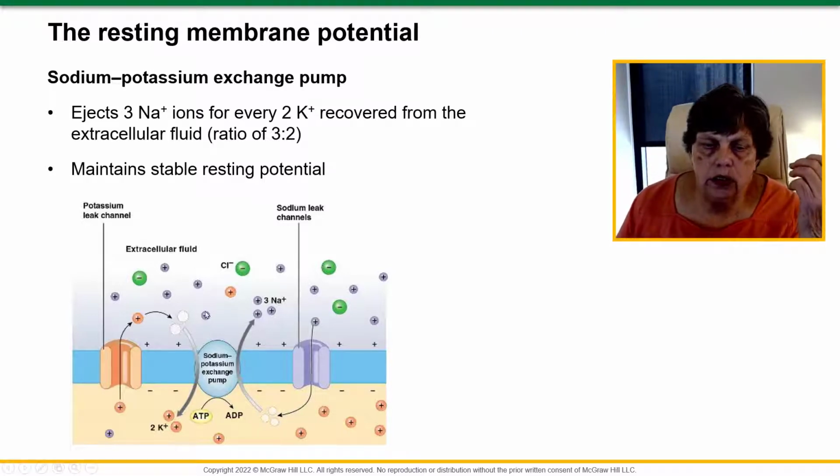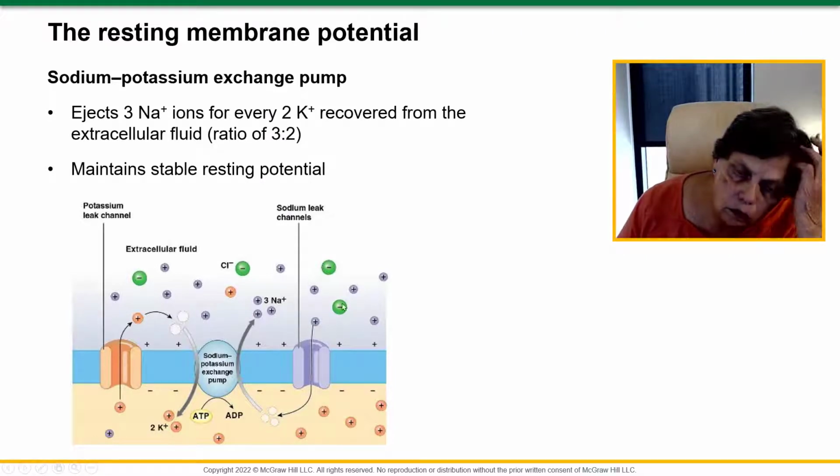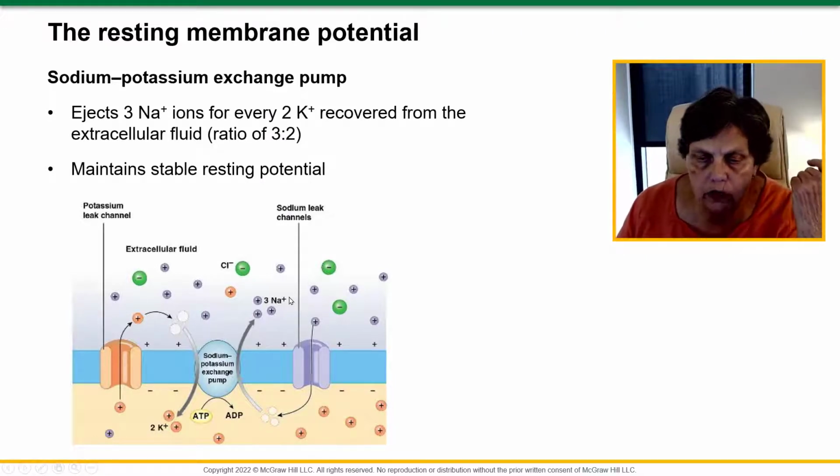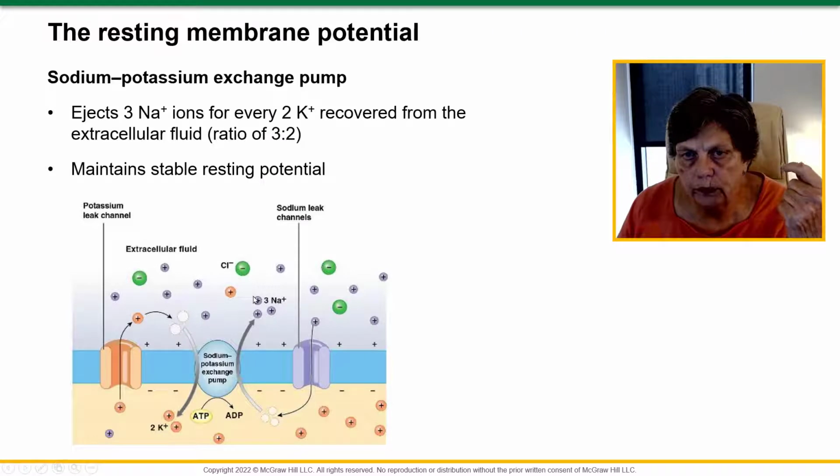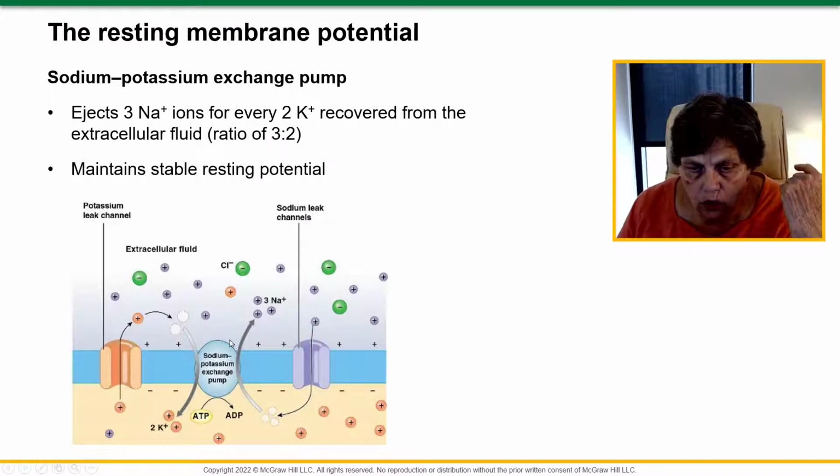All right, so let's look at this pump. Again, we're positively charged over here. You have more sodium over here than you have sodium here. You have more potassium here than you have over there. The sodium-potassium exchange pump ejects 3 sodium for every 2 potassium that we move, okay?